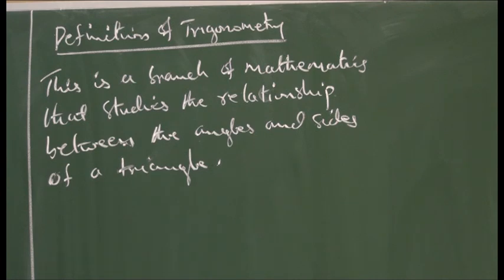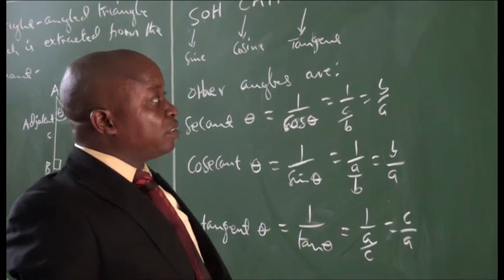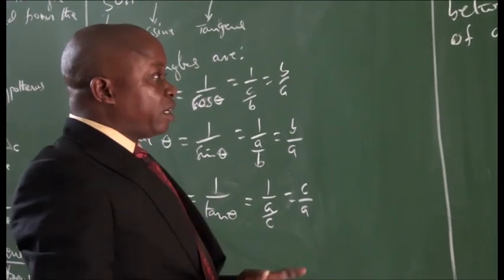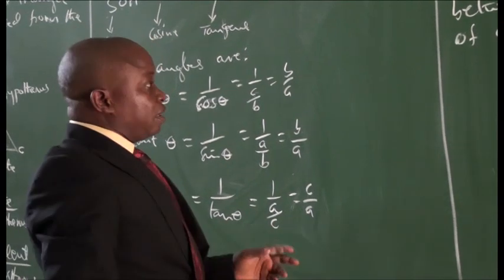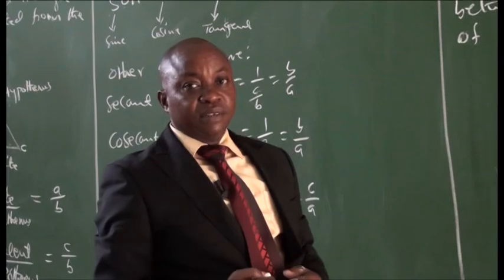So trigonometry is a branch of mathematics that studies the relationship between the angles and the sides of a triangle. Okay, I want to go back to the quadrants.